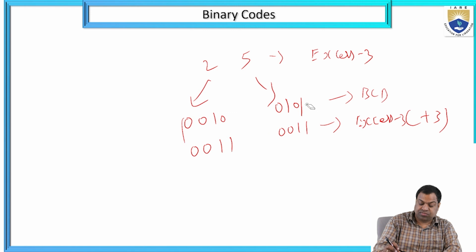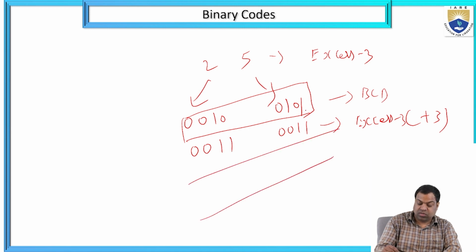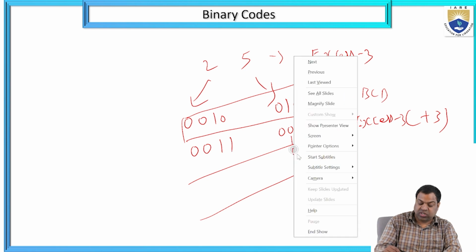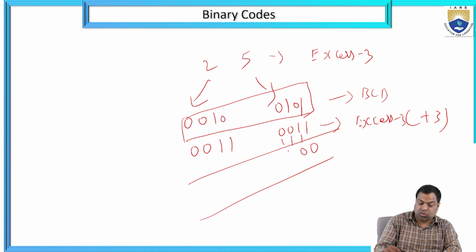So here 1 plus 1, 10, 0 plus 1 plus 1, 10, 1 plus 0 plus 1, and so on, bit by bit.